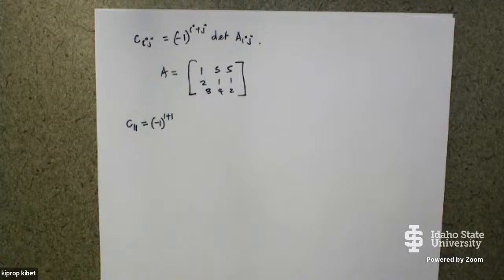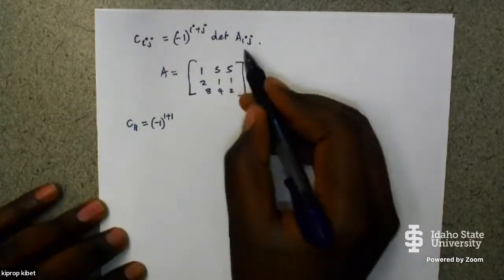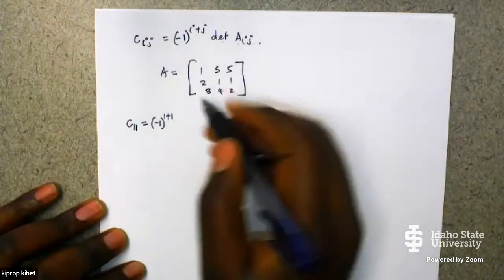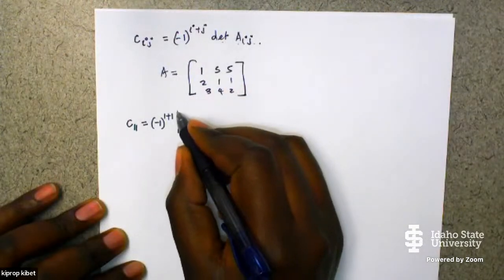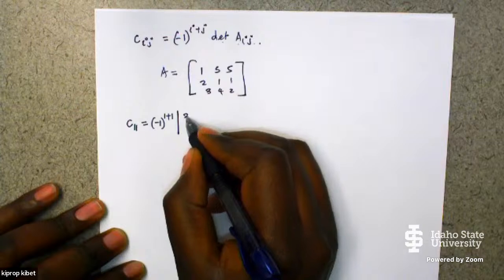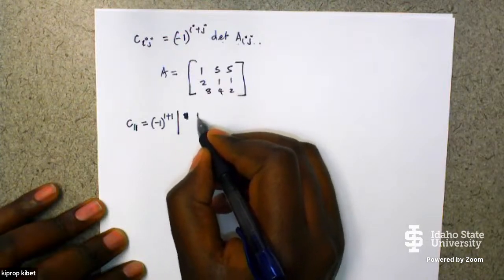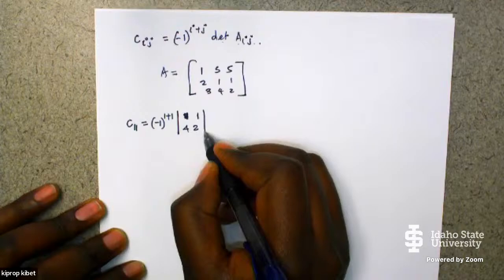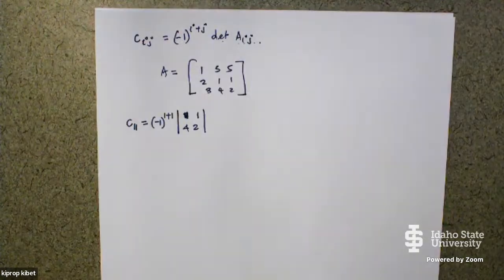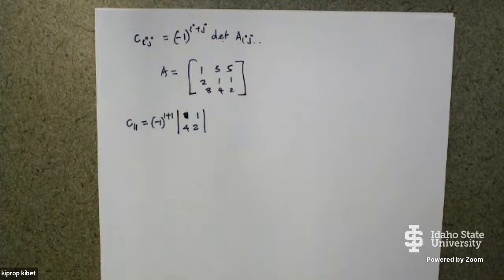And then A11 will now be the determinant of 1, 1, 4, 2. Are we together? So C11 is minus 1 to the 1 plus 1, determinant of A11.